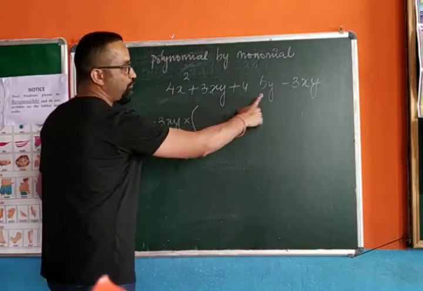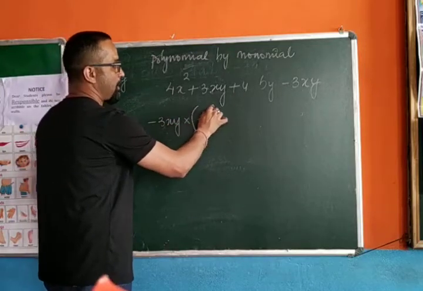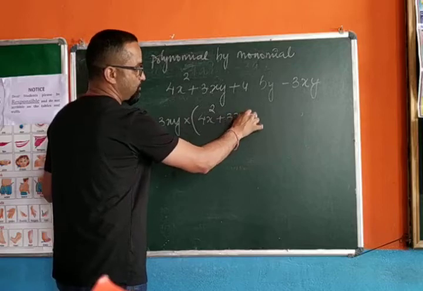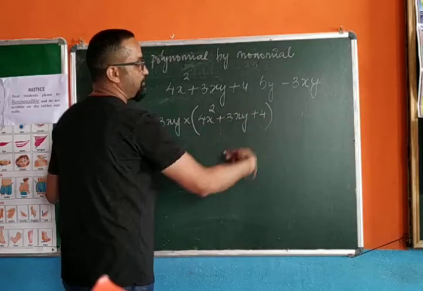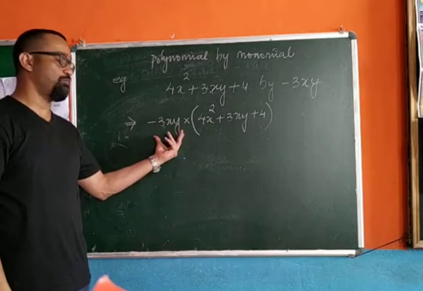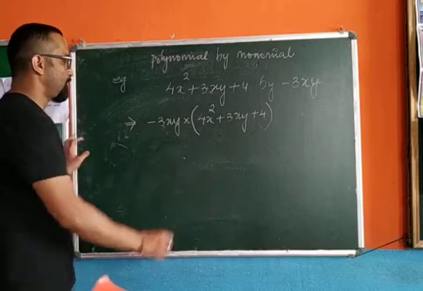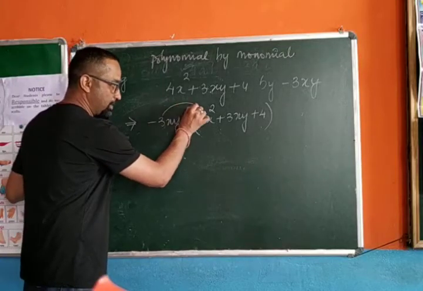And this polynomial you have to write inside bracket, 4x squared plus 3xy plus 4 inside bracket. And once you write this monomial outside, polynomial inside bracket, you need to multiply each term.